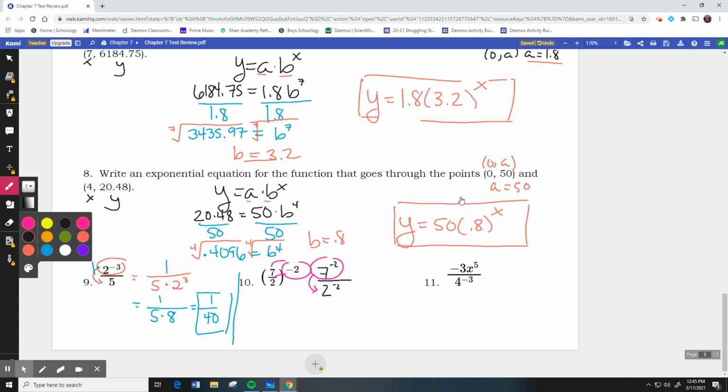So that moves to the bottom and becomes positive. This moves to the top and becomes positive. The answer is 4, actually. I just didn't write that step in. All right, so it would be 2 to the +2 over 7 to the +2, which would then be 4 over 49.